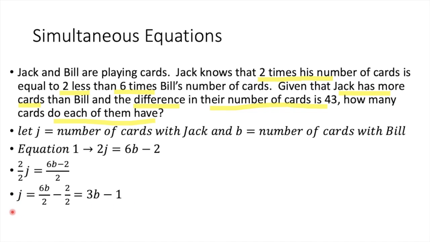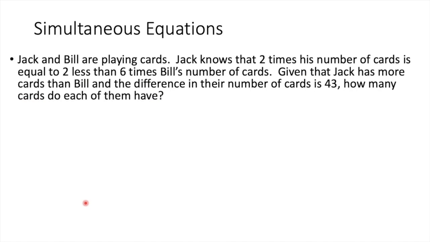And hence, we now know the value of j in terms of b, which is extremely helpful to us, especially in our second equation. So now this is our value of j in terms of b, and we see that the second equation is that the difference between the number of cards is 43.